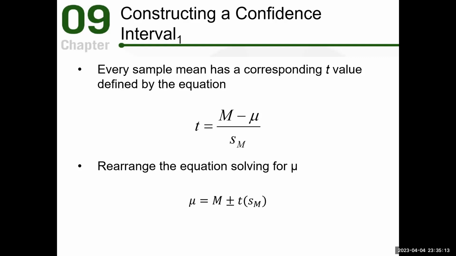So if we wanted to find the value for the population mean, that interval, then we're going to use this bottom equation right here. So we're going to use this as our confidence interval. Okay, so that's how we're going to construct our confidence interval.